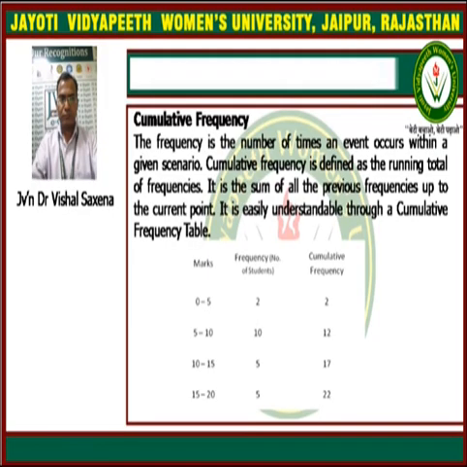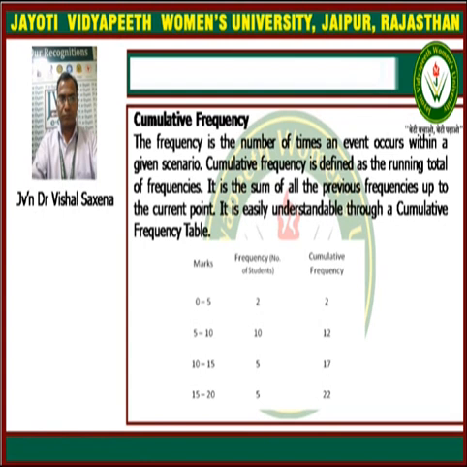Initially, the definition of cumulative frequency curve is shown with an example. Here the frequency is the number of times an event occurs within a given scenario. That is the definition of frequency.